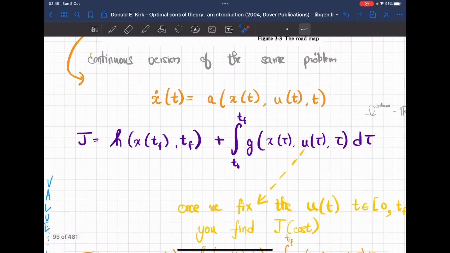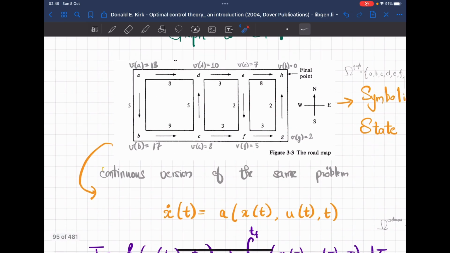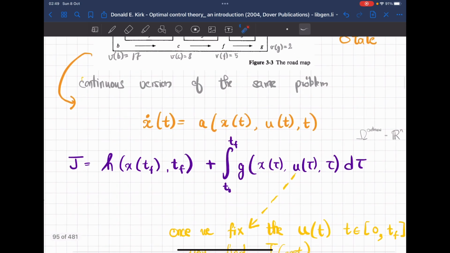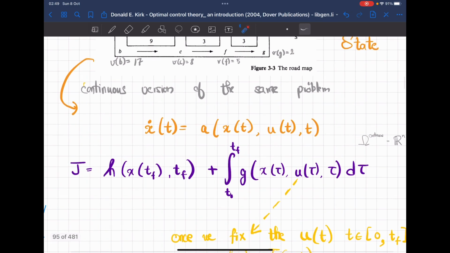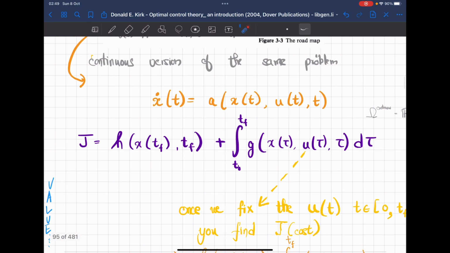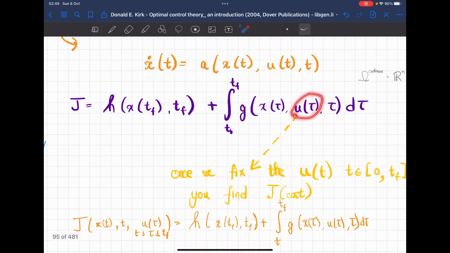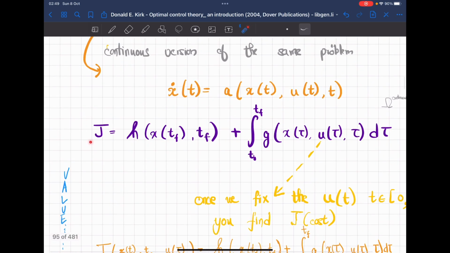Now, J, as we saw here, is the total cost of traveling from our initial time t0 till tf, and given the control function, if you fix it or determine it, you can calculate the J, or the cost, that is associated with that control function.